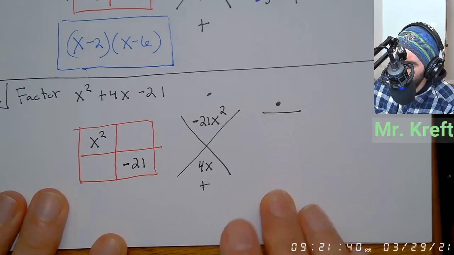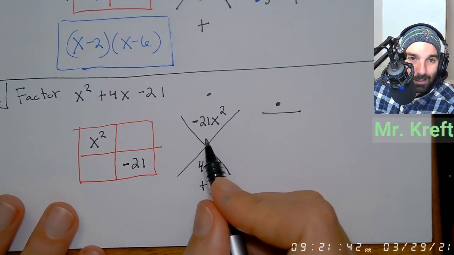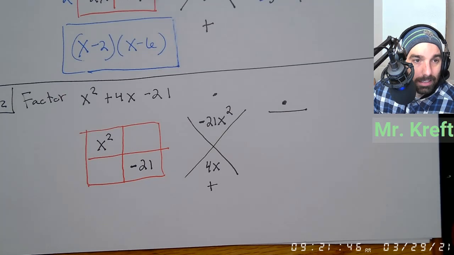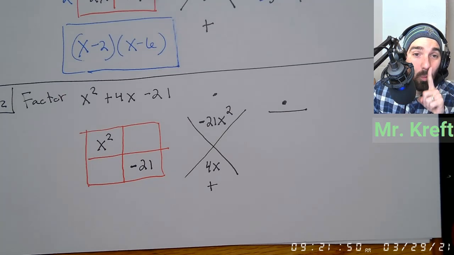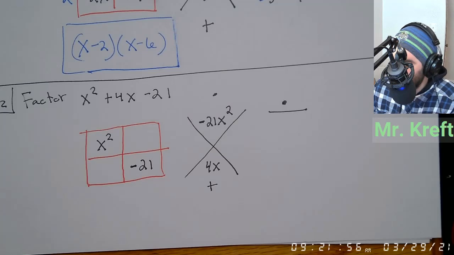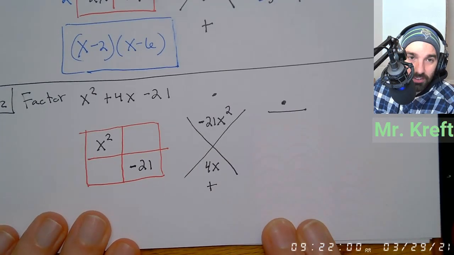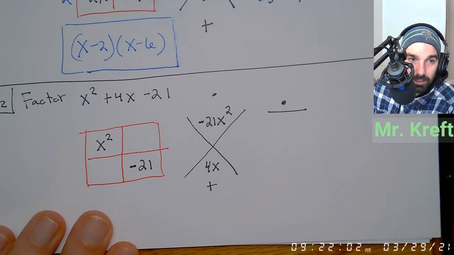Okay. So now when I go to do my list for multiplication, right? Here's my list for multiplication. How do we get a negative number when we multiply? Well, that means just one of them has to be negative, right? So what I like to do is get a list and then go back and make them negative later.